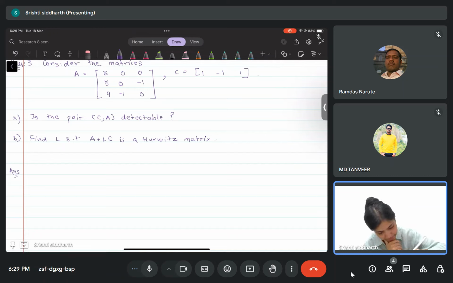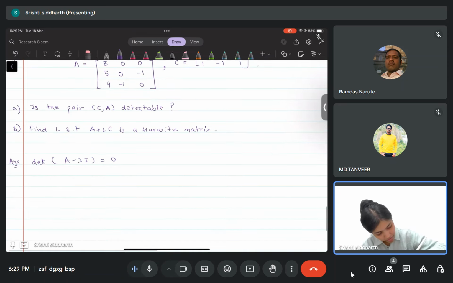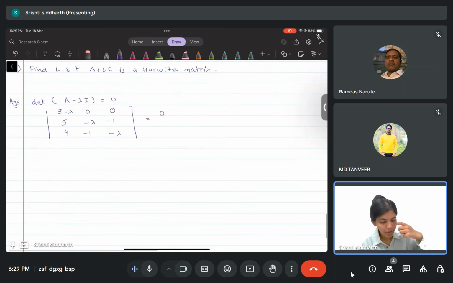So determinant of A minus lambda I equals 0. We simply have 3 minus lambda, minus lambda, minus lambda, 0 0. So we have a lower triangular matrix that simplifies the calculation of the determinant.